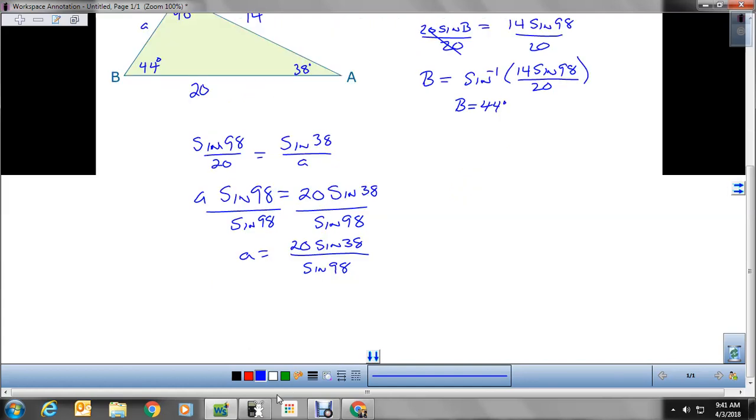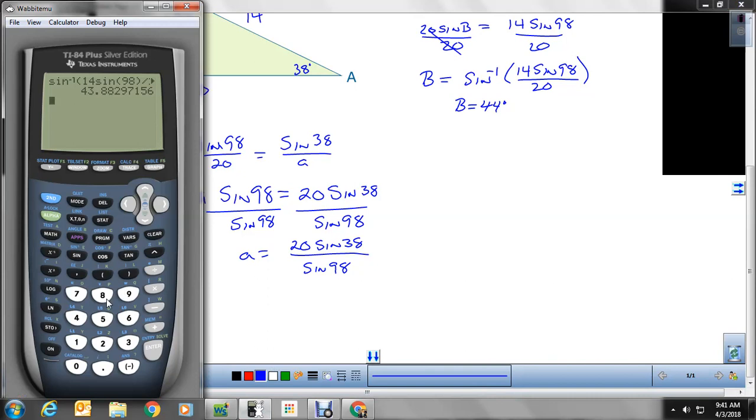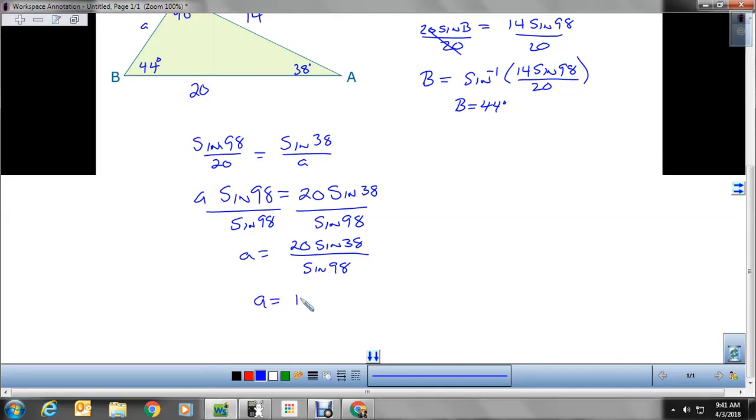So once again, take out our calculator and plug this in: 20 sine 38, close that parentheses, and then divide by sine 98. That gives us 12.4. Side lengths we will round to the nearest tenth. So A is equal to 12.4.